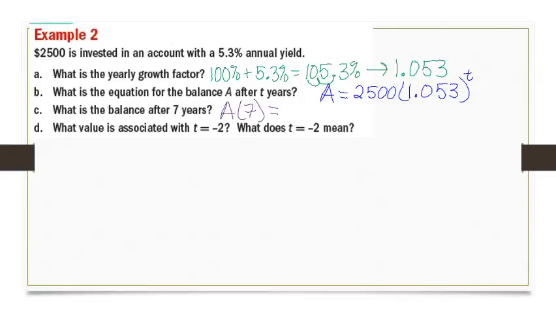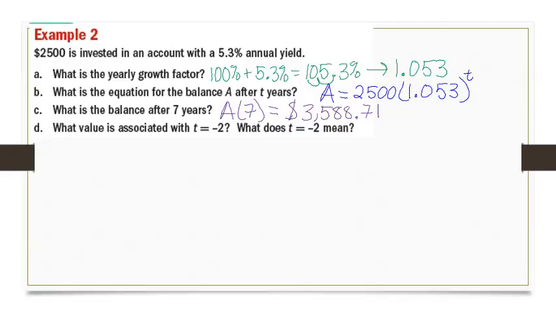So again, you go to your calculator, and all you have to do is type it in. So 2,500 times 1.053, all raised to the 7th. That's going to give us $3,588.71. So now it's asking us to think about the value associated with t equals -2.